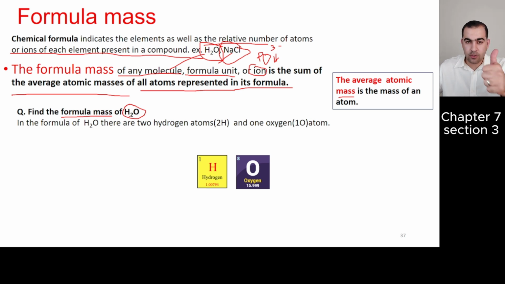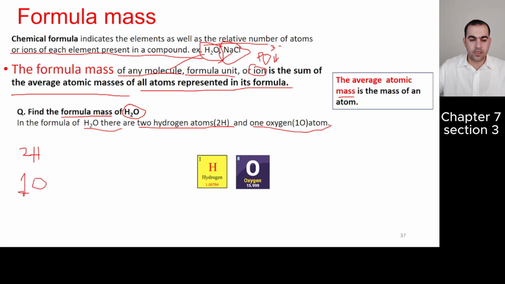The mass of 2 hydrogens plus the mass of 1 oxygen equals the formula mass of water, H2O. So the first step you must know is that in the formula H2O there are 2 hydrogen atoms and 1 oxygen atom. Then we find the mass of 2 hydrogen atoms and the mass of 1 oxygen atom.